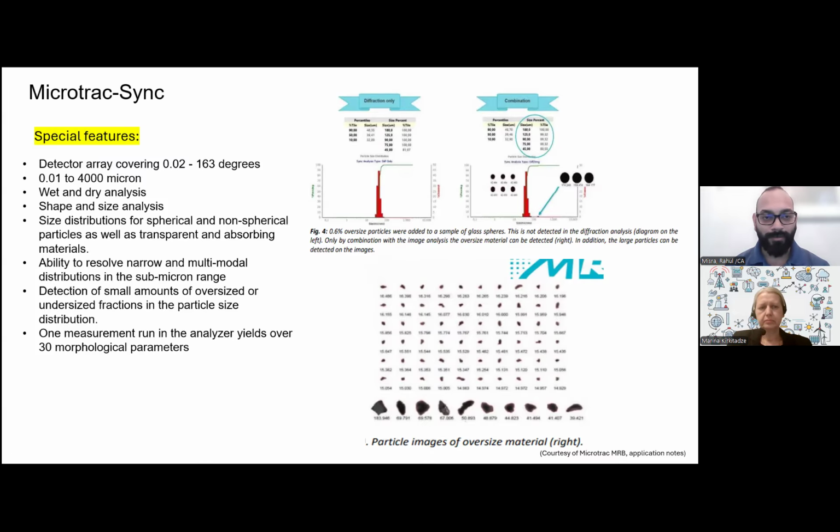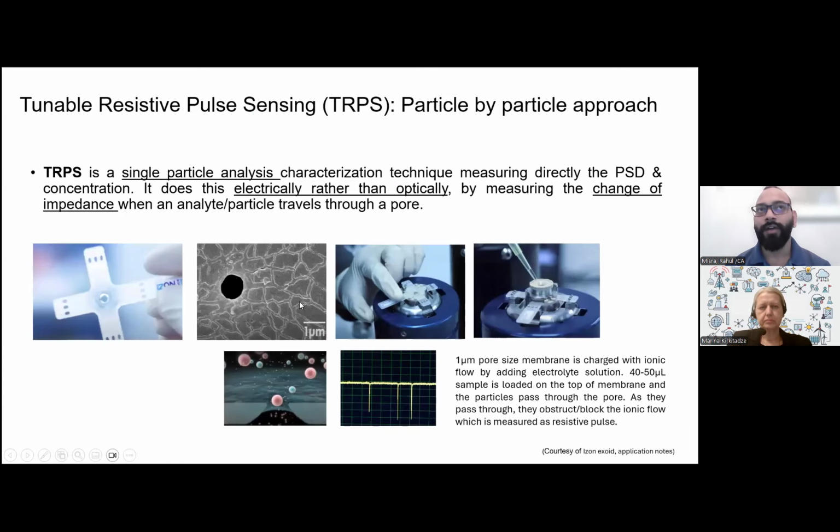So switching gears here. Till now, what we have seen is all optical techniques, light scattering and light diffraction based. If you recall from the flow chart I showed, there is a technique which does not work on optical properties, but on electrical impedance. This technique is called tunable resistive pulse sensing.